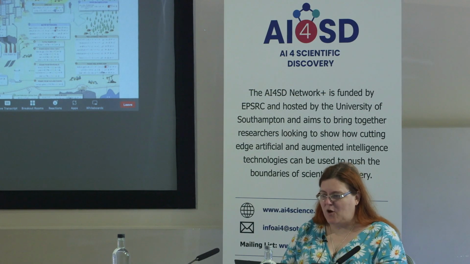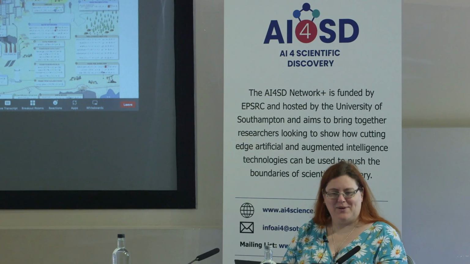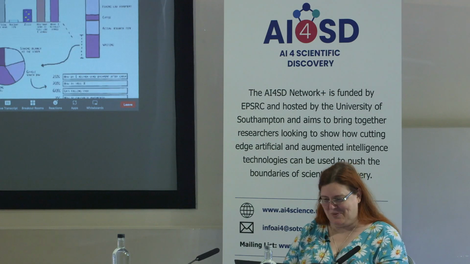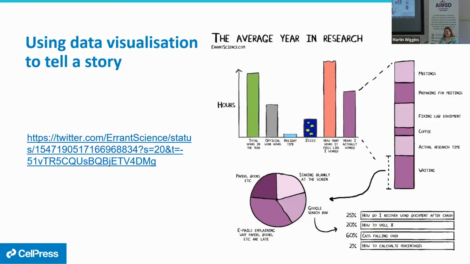I could not do a talk without doing an errant science picture, and this one came out yesterday, which was absolutely perfect timing. And this is how you use data visualization to tell a story, right? So here we go. We have the average year in research.